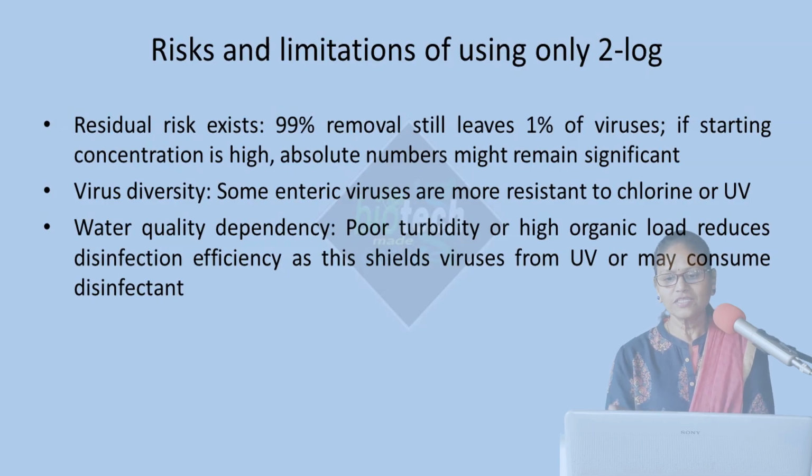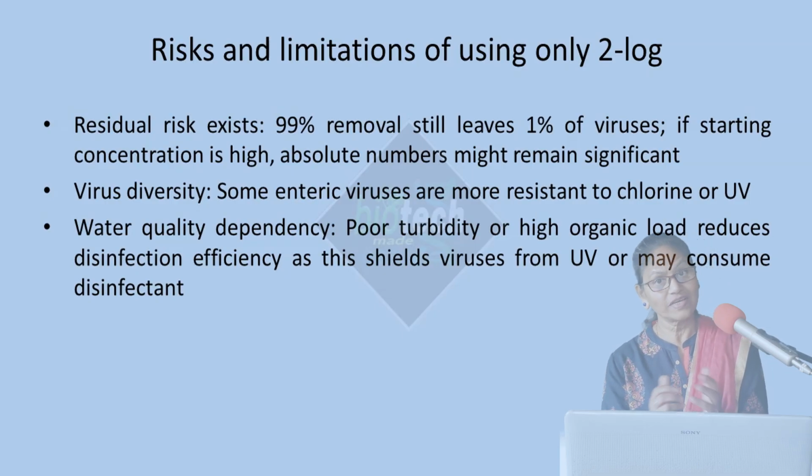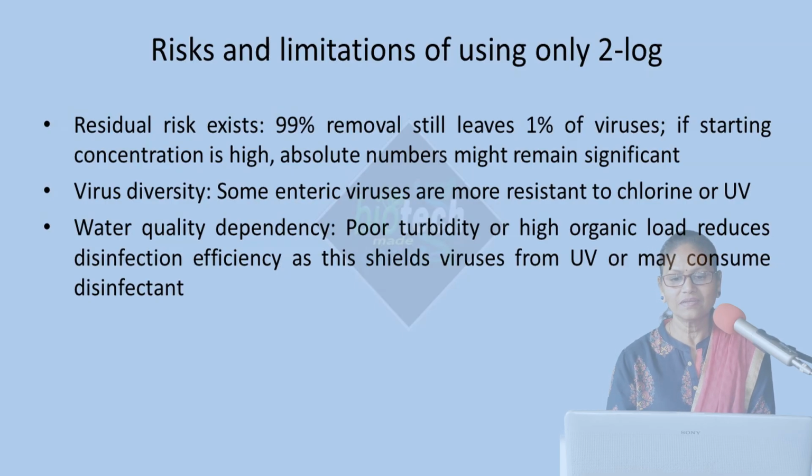Poor turbidity or high organic load reduces the disinfection efficiency. How? Because it shields the viruses. Viruses are present in the sample, and because of this high organic load, it shields the viruses from the UV radiation. When you give the UV radiation, many of the viruses may not die and may consume the disinfectant. So that's how this is a limitation.